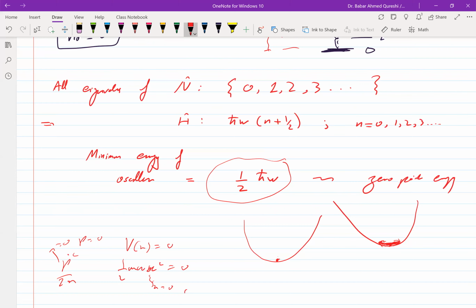But that means in that state you would know that momentum and position both are known exactly. That's not possible. That's against the uncertainty relation. So it can't be staying still over here. There is some uncertainty in position and some uncertainty in momentum, and that gives it a zero point energy.